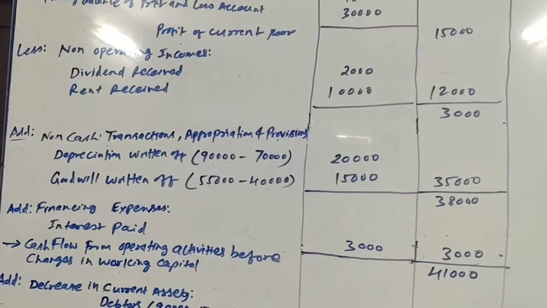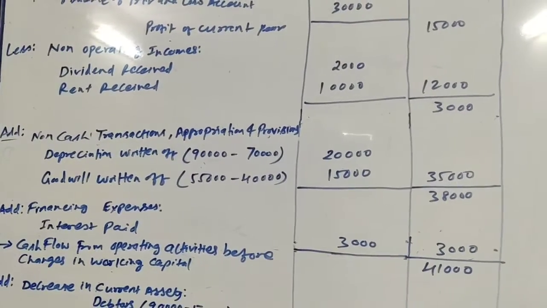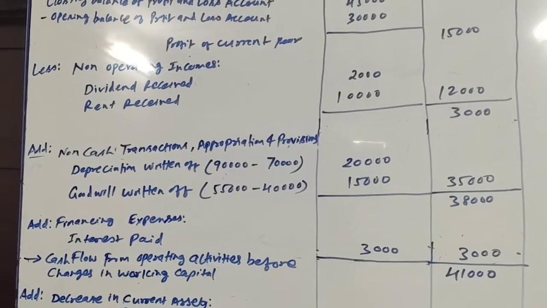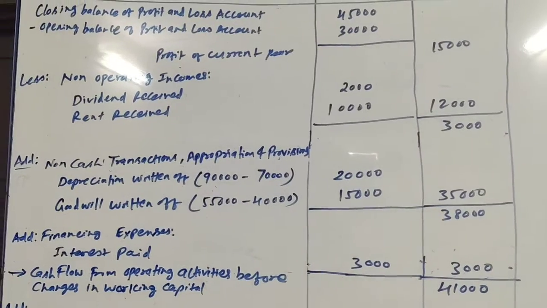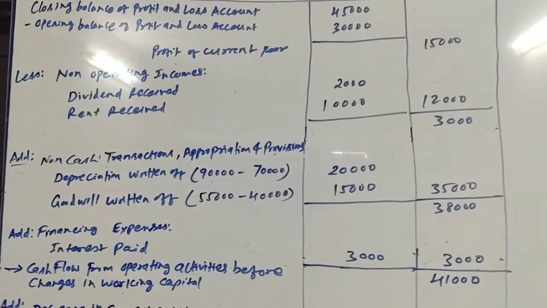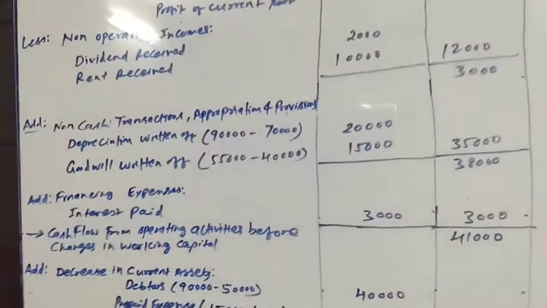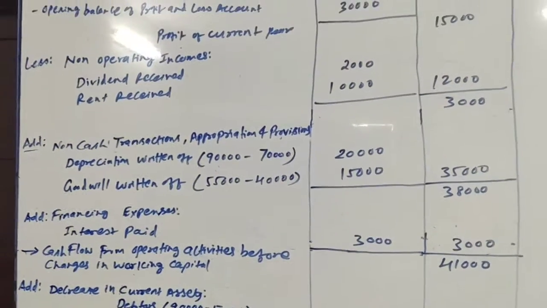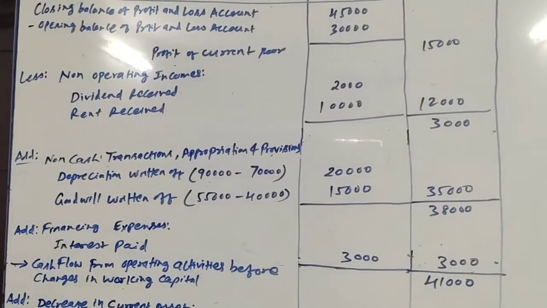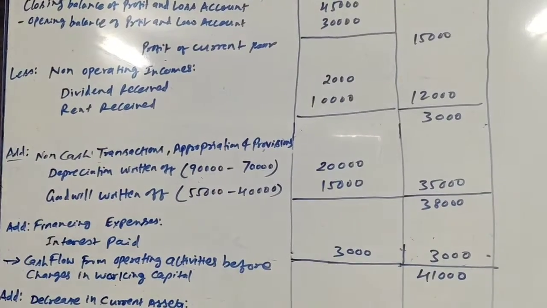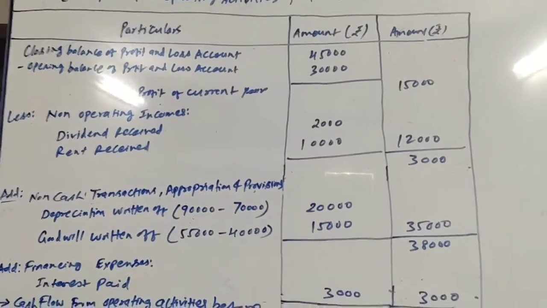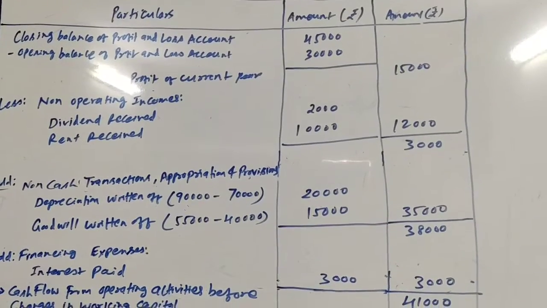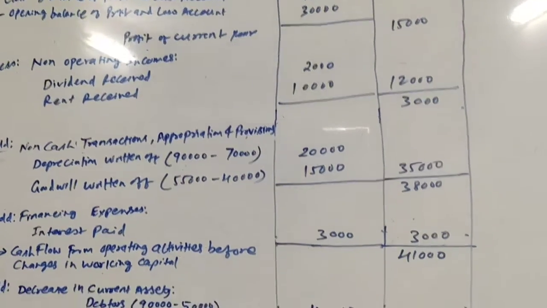That means depreciation written off on asset is 20,000, which is a non-cash transaction. Goodwill written off, earlier goodwill was 55,000, now it is 40,000. So there is a goodwill written off of rupees 15,000. So these two will be added back to the profit. So 20,000 and 15,000 will give us 35,000. 35,000 will be added to the profit, 3,000 plus 35,000, so it will be 38,000.